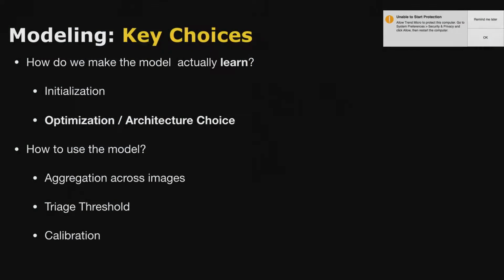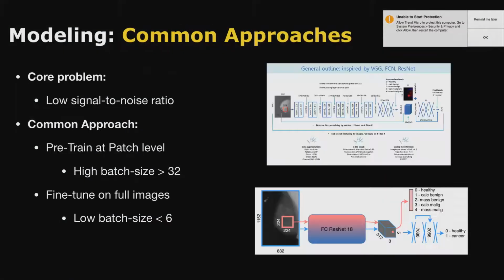Next, another important decision that breaks things if you don't get it right is your optimization architecture choice. As I said before, a core problem in stability here is that our signal to noise ratio is really low. A very common approach throughout a lot of the prior work, and something I have tried myself before, is to break down this problem. We can train at a patch level first.